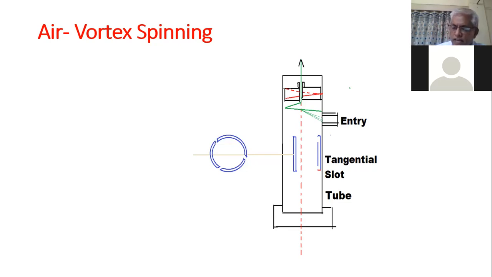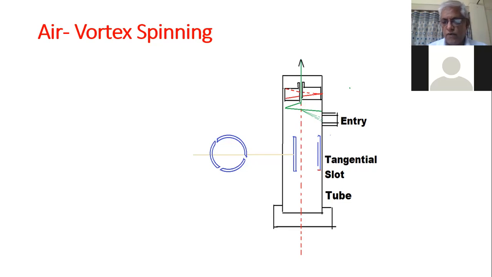And then there are some problems in this air vortex spinning, and it is not very popular, although it is found in the industry. We are using it, but not to a large extent. First problem is that we are not able to achieve the adequate strength.